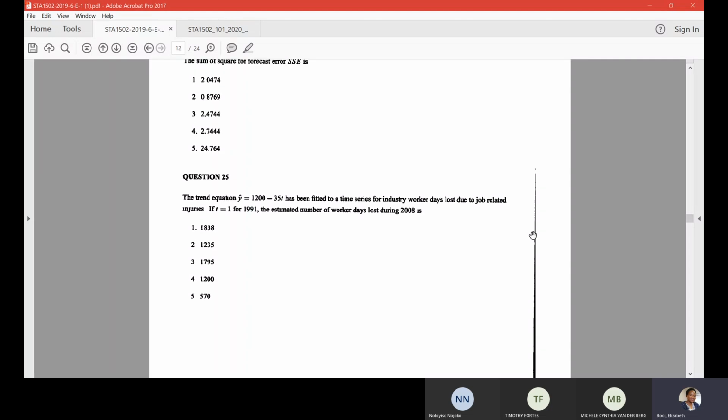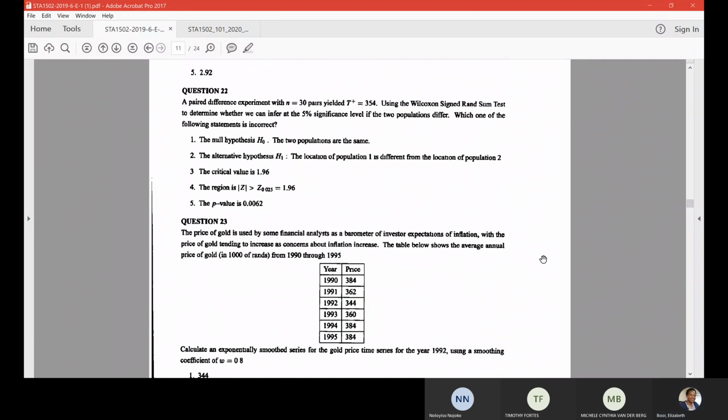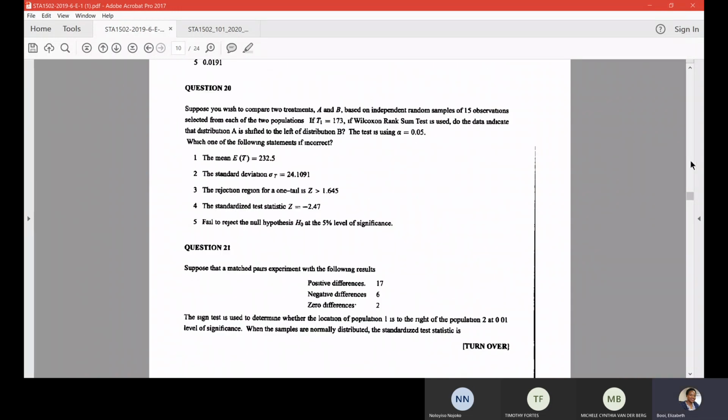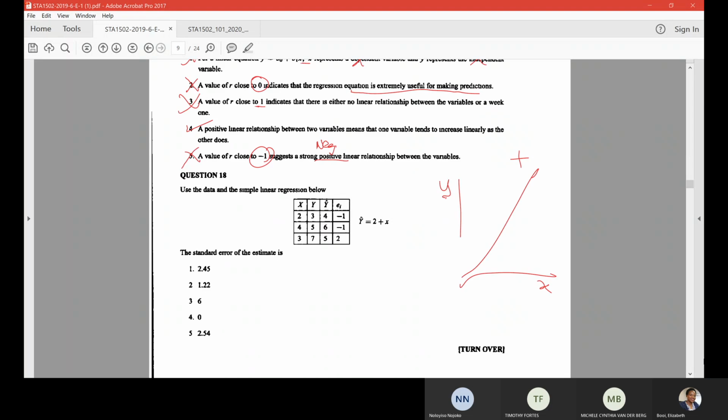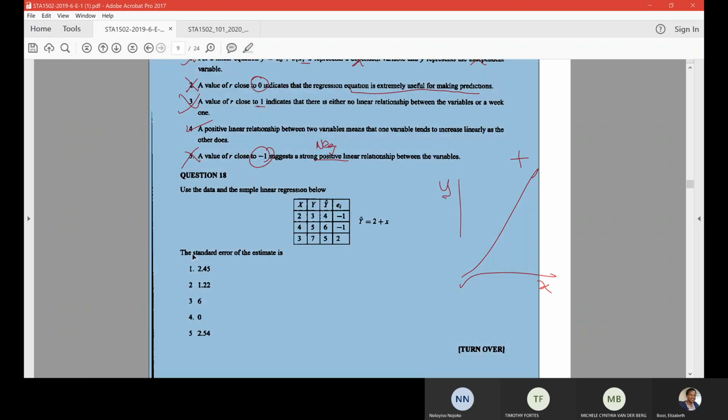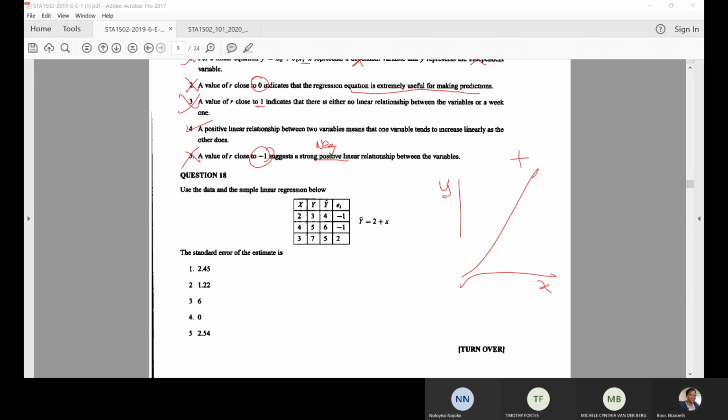If I go back there, in terms of the regression line, it makes it a little bit tricky because of the error estimate. We didn't cover this in class.